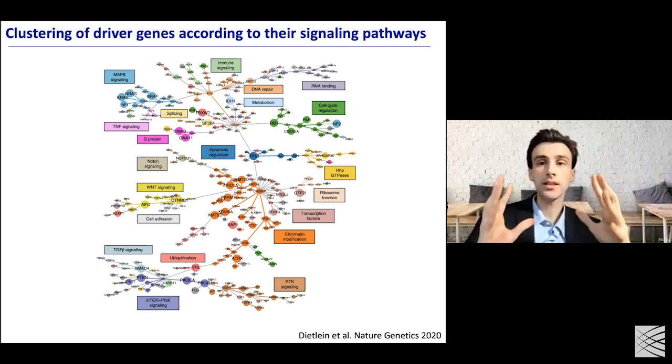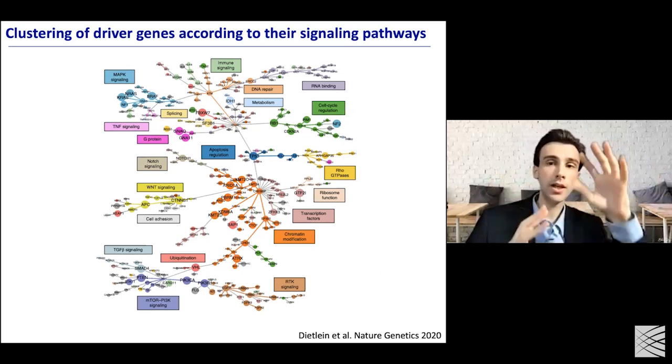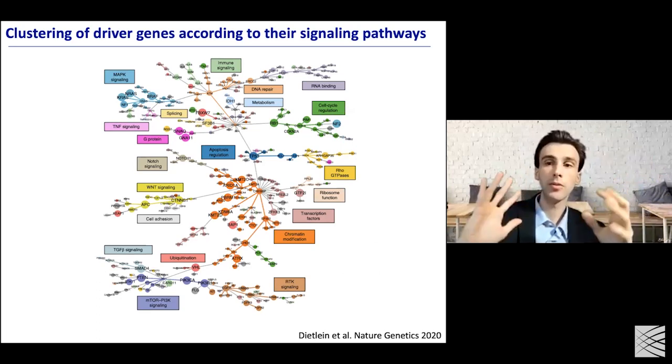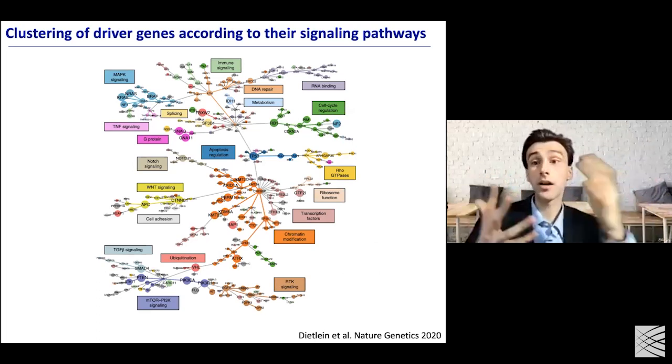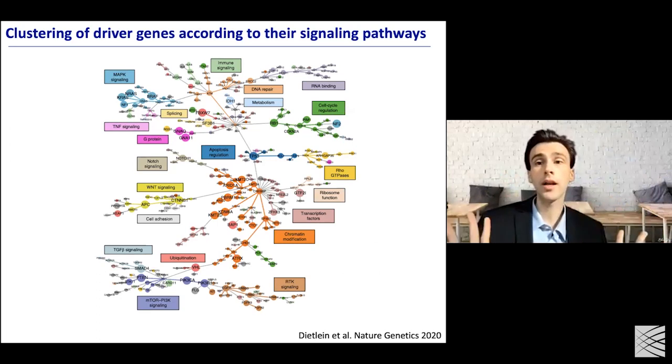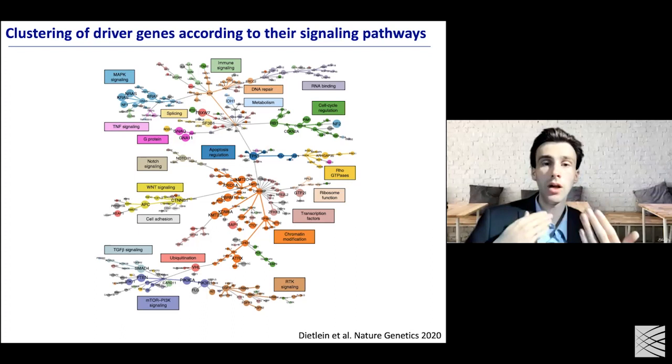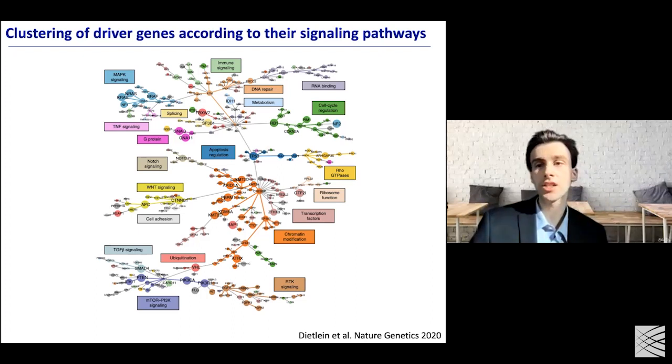One thing is, of course, looking at all these criteria individually, but I think another important thing will be to combine all these criteria together, ideally in one integrative framework for driver gene discovery. What I wanted to emphasize is that if you do that, you can maybe come up with more genes, because if a certain pathway might spark more excitement, that might be an additional criterion to distinguish those scenarios.